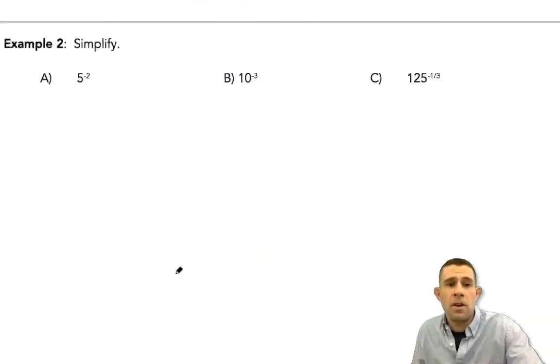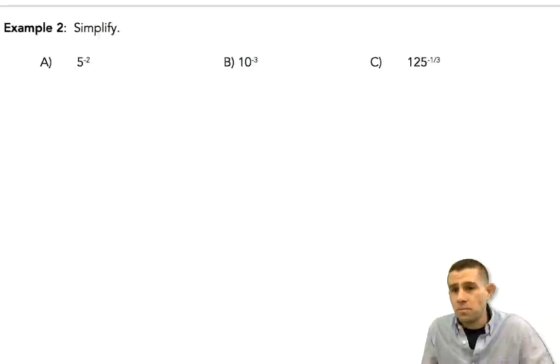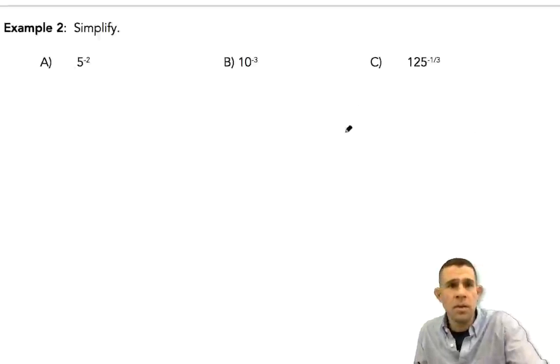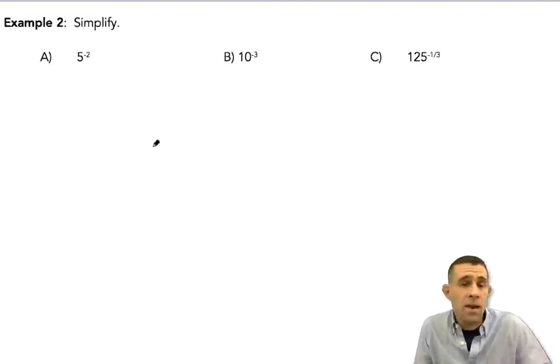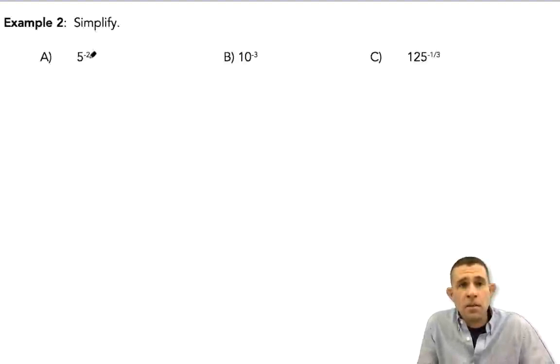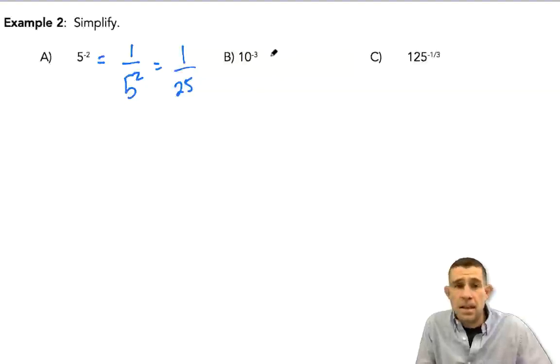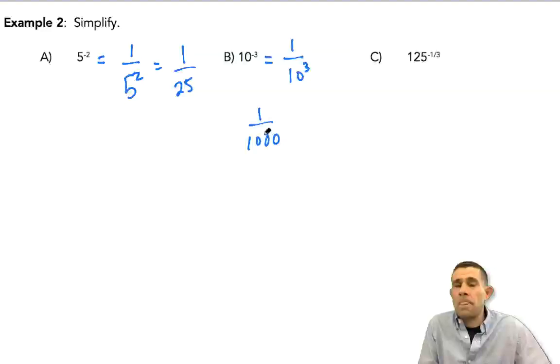All right, let's try our next example here. Example 2 says to simplify each of these, knowing what we know now about negative rational exponents. So 5 to the negative second power is 1 over 5 squared, and that results in 1 over 25. 10 to the negative third is 1 over 10 to the positive third, which results in 1 over 1,000.